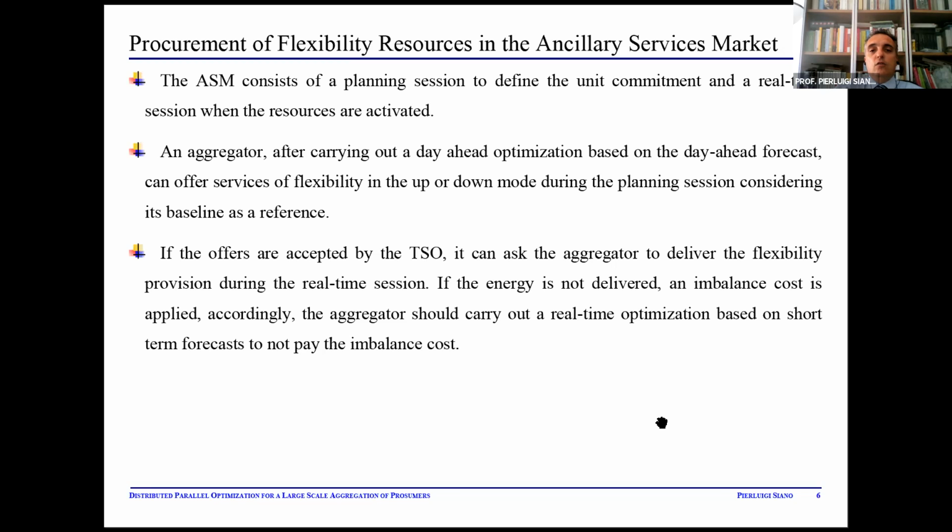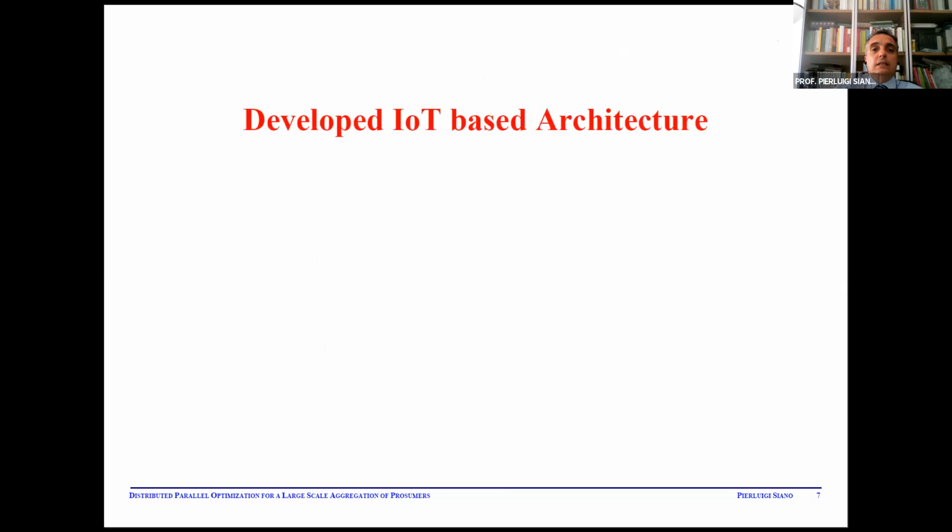There is only the constraint that the overall minimum regulating power should be lower than a given value. Nowadays it is 1 megawatt, but it is expected that this value will be lower in the future.